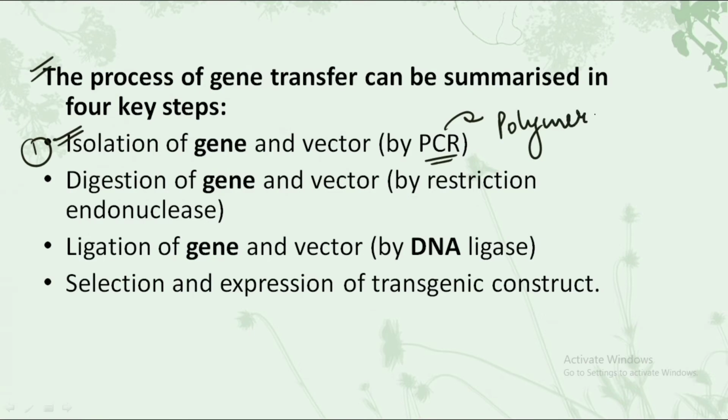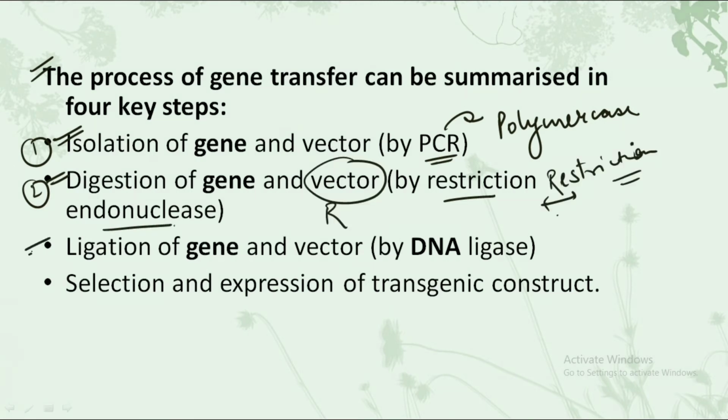We'll be dealing with it in further videos. The second step is the digestion of the gene and the vector with the help of restriction endonuclease. Then we have the ligation of the gene and the vector, and the fourth step is the selection and the expression of the transgenic constructs. So these are the 4 steps that we need to follow in the gene transfer process.